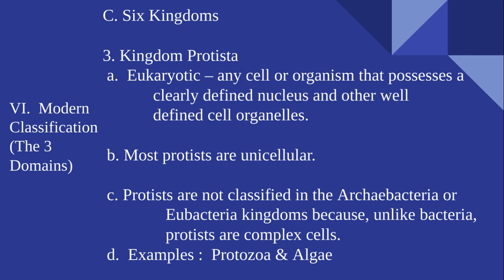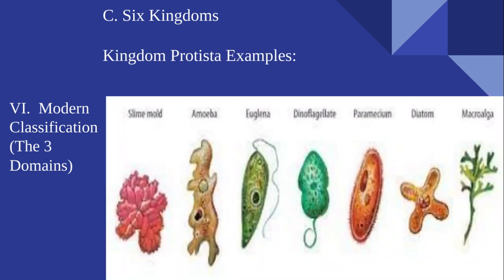So a couple things that you may have heard of: protozoa and algae. Let me give you some further examples with images, and maybe those will help your further understanding. You have amoebas, you have parameciums, you have diatoms. Some differing protists here that you may have heard of, especially amoebas and parameciums.